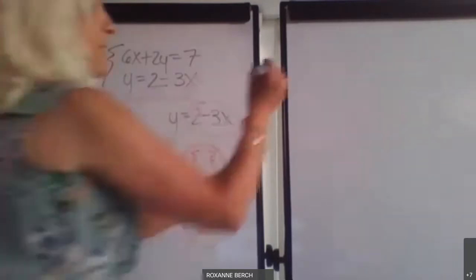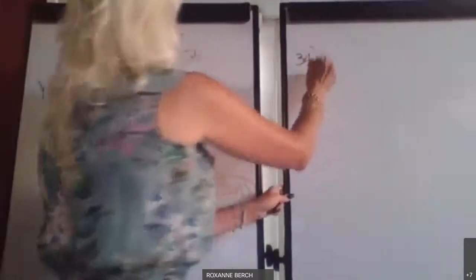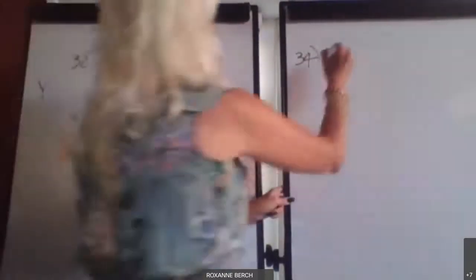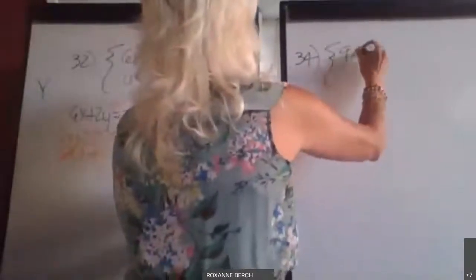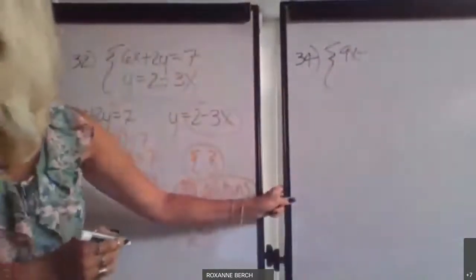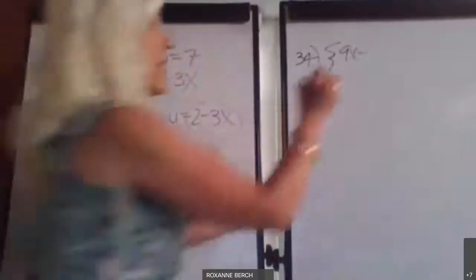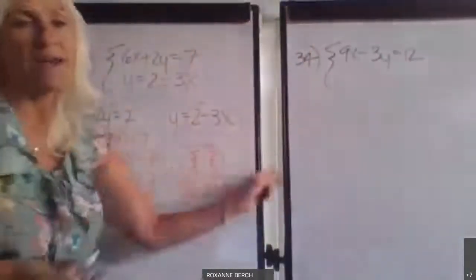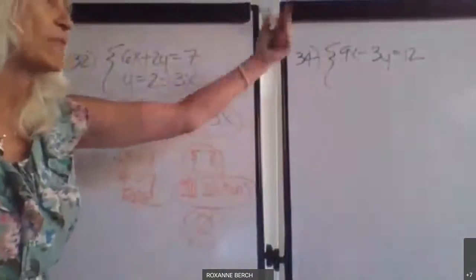All right, let's do problem number 34. You can use any method of your choice. The system is 9x minus 3y equals 12. And I'll tell you right now, I would divide everything by 3.